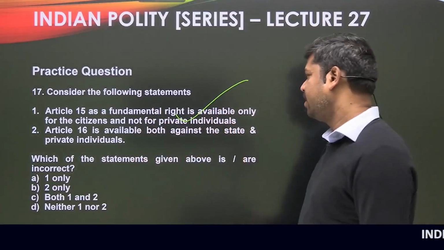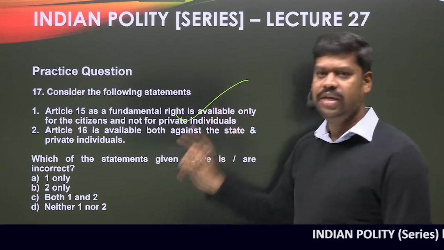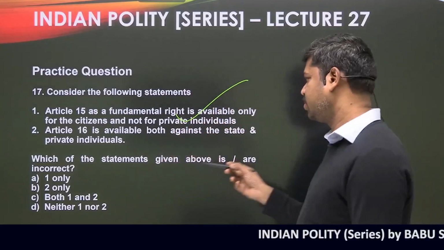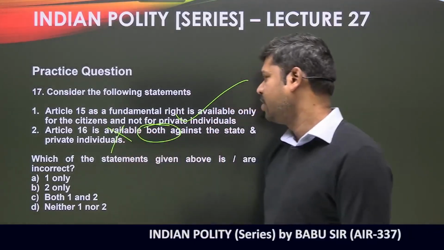Article 16 is available both against the state as well as private individuals. No, Article 16 is also available only against the state. So to say both is wrong. So this is definitely the wrong answer.